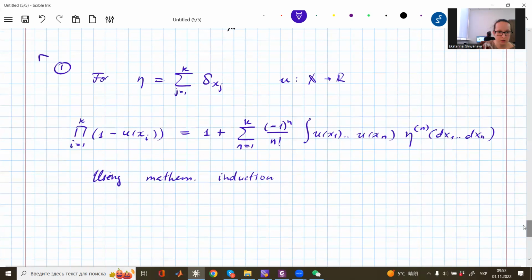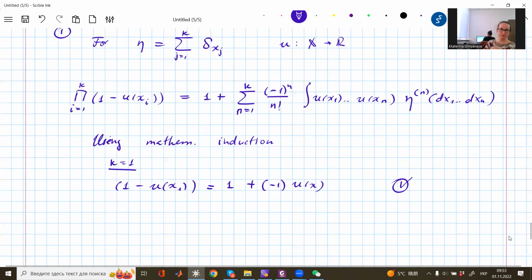If k is equal to 1, actually this is obvious. I have one point here, and if I write it down, I will have one summand, minus 1, and the integral with respect to the measure itself is just u of x. So this is true.